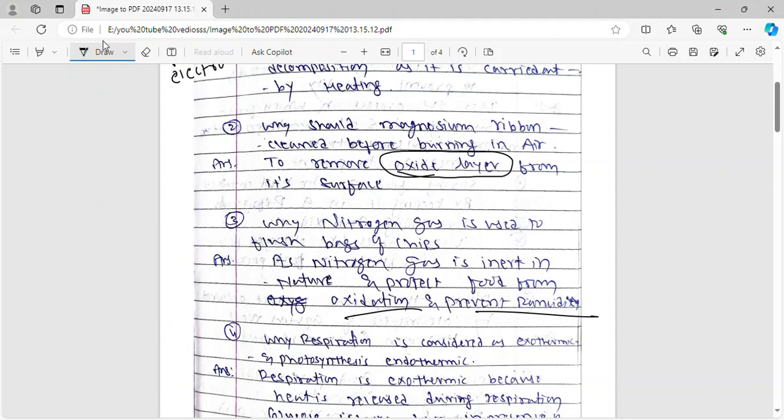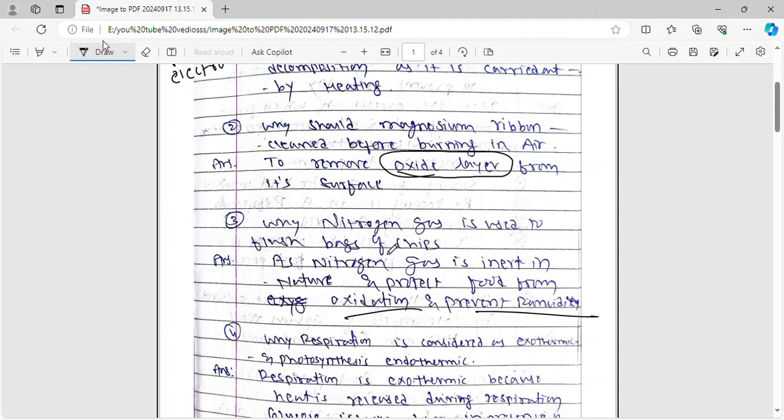Everybody understood? So which gas is flushed in the chips packet? Nitrogen gas. Why? To prevent oxidation and rancidity. Rancidity takes place due to oxidation. If any oil-containing food undergoes oxidation, it will develop bad taste and bad odor, right?